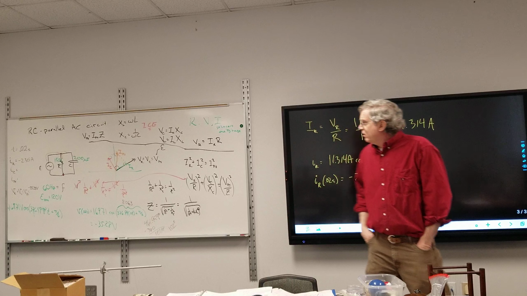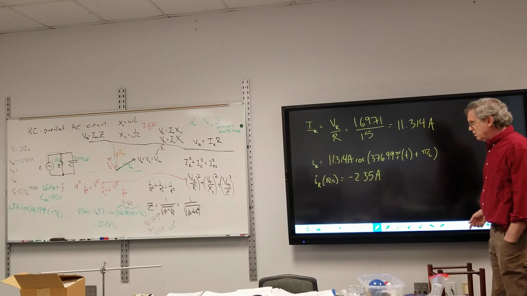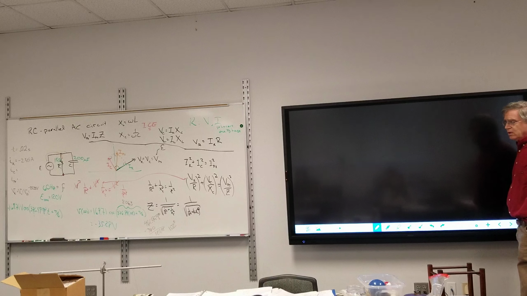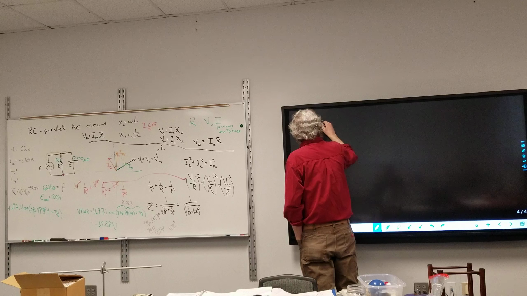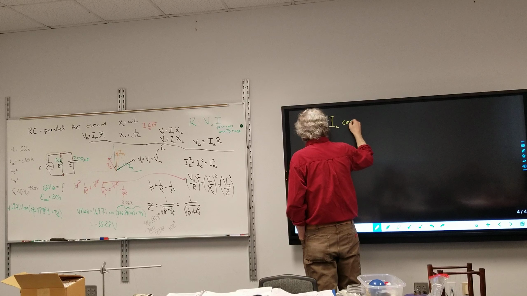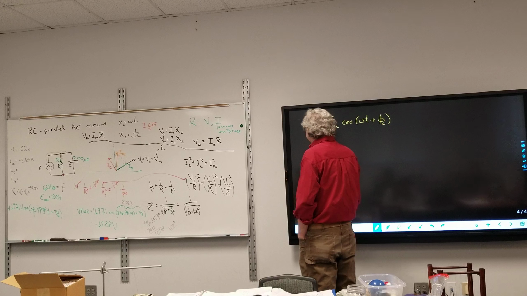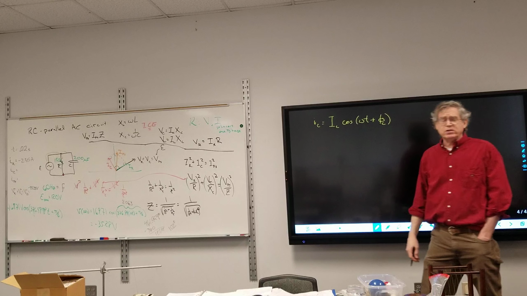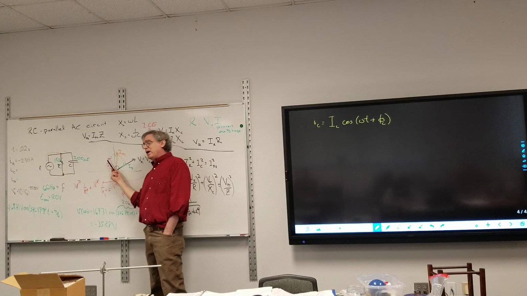We now have to figure out the next one. The current from the capacitor is going to be the maximum current across the capacitor, cosine of omega t plus phi sub c. It won't have the same phase shift as the other ones, because if you look at it, I sub c is 90 degrees or pi over 2 ahead of it.